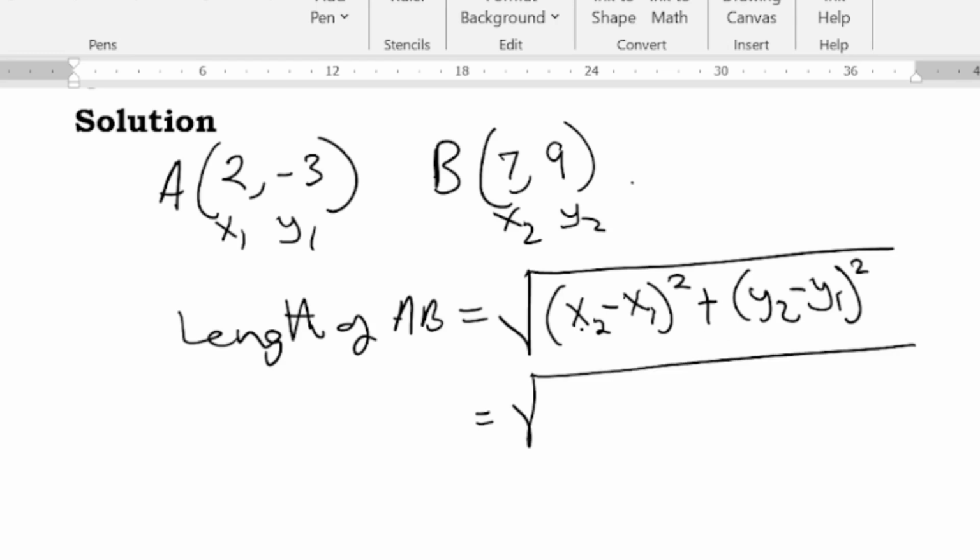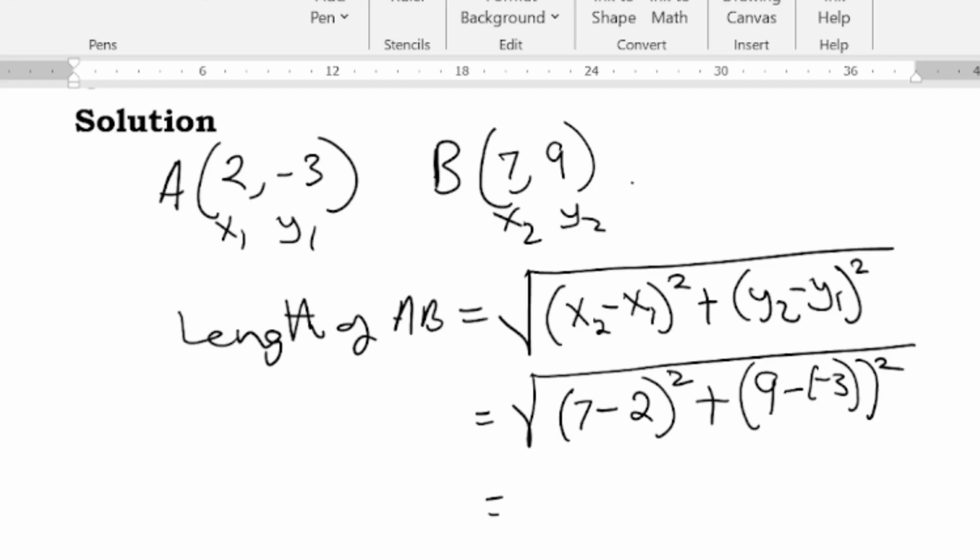So x2, we already know, is 7. So it's (7 minus 2) squared plus (y2, which is 9, minus negative 3) squared. This gives us 5 squared plus, minus times negative gives positive, so 9 plus 3, that is 12, so 12 squared.